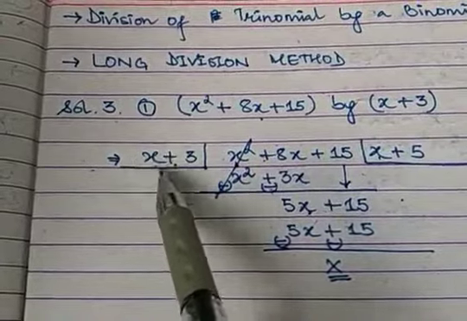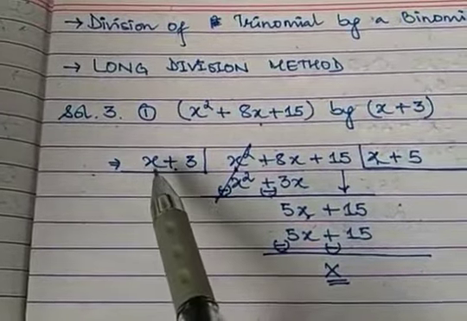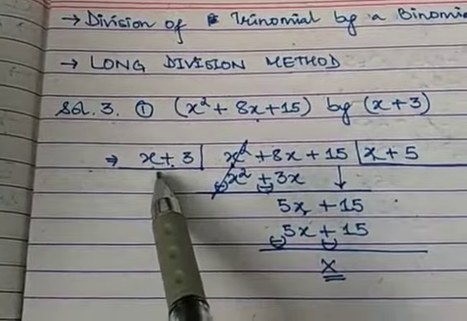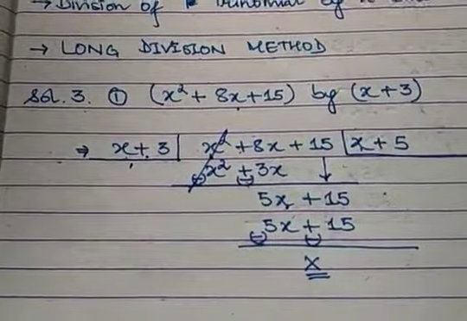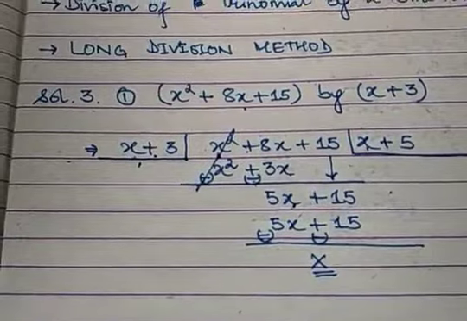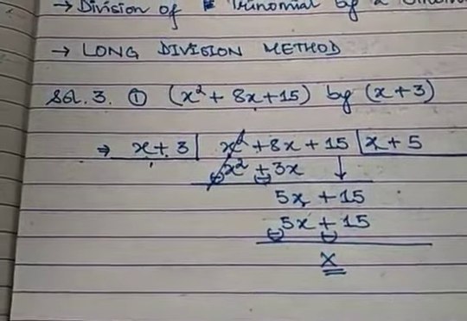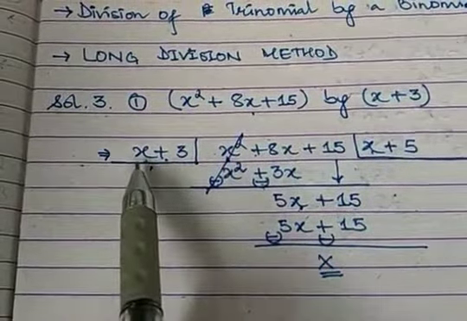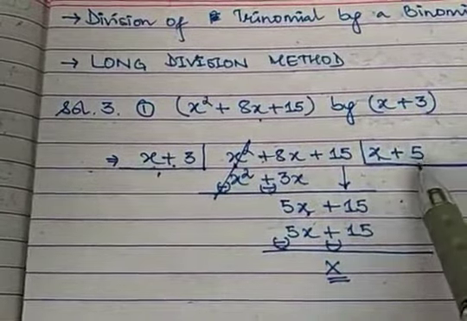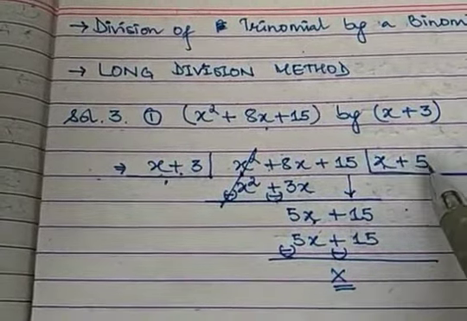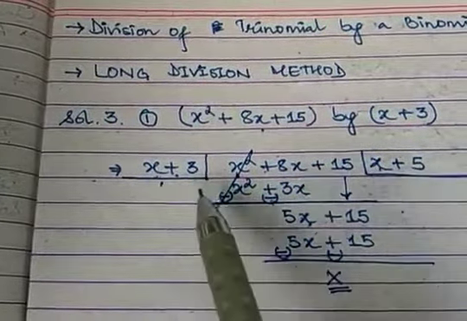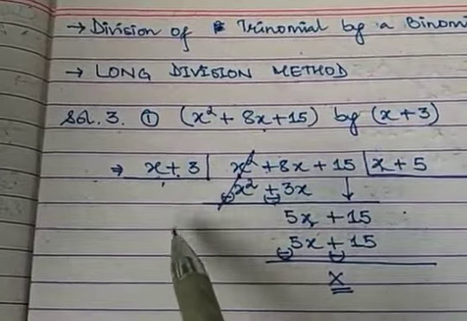The divisor, the first term is x. Now again, what should I multiply with plus x to get plus 5x? Remember, we need to get the exact same term, with the same sign. So I know that when plus x is multiplied with plus 5, I'll get plus 5x, isn't it? So that is why I placed plus 5 here. As soon as you place the plus 5 here, that term will multiply both the terms of the divisor.